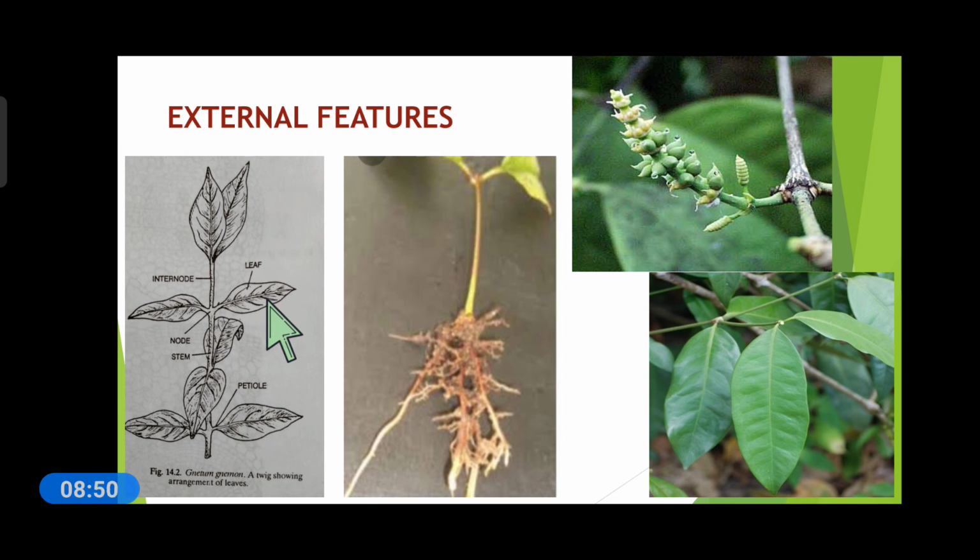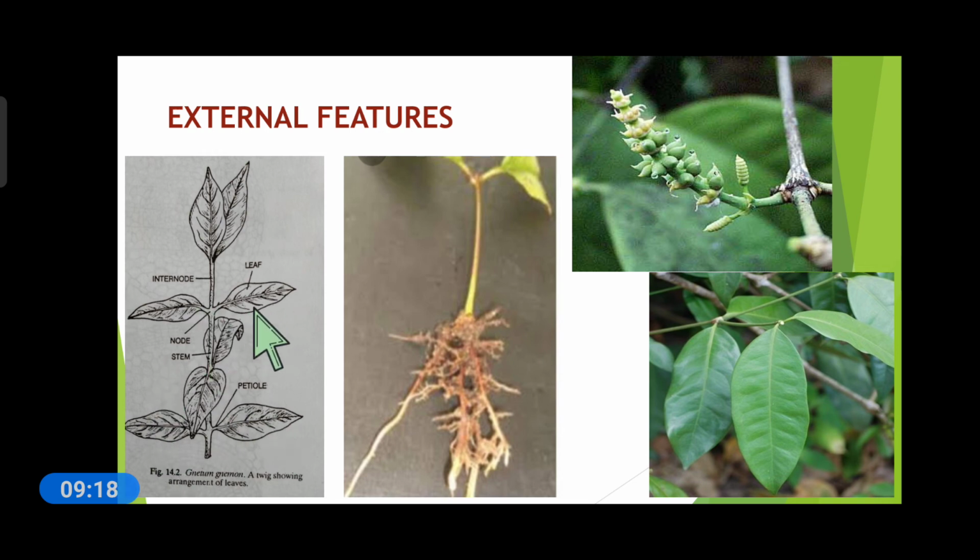So there are no stipules, that means they are exstipulate, and also shortly petiolate. The leaves are shortly petiolate, that is this leaf stalk here is very short. And I had mentioned that they are arranged in opposite decussate manner at right angle to each other.